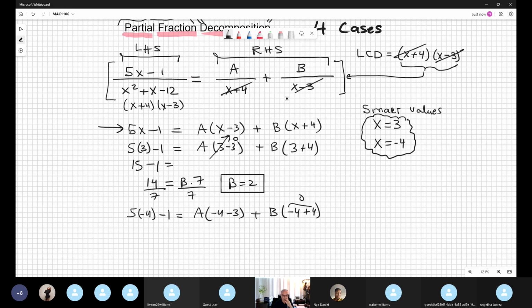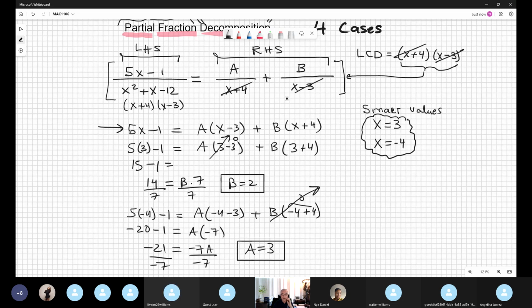This is my intention, that part disappears and only A stays alive. This is 20 minus 20 minus 1, which is 21 negative, equal to A times -4 and -3 together, -7. So we have -7A, divided by -7 on both sides, A is 3. Boom.